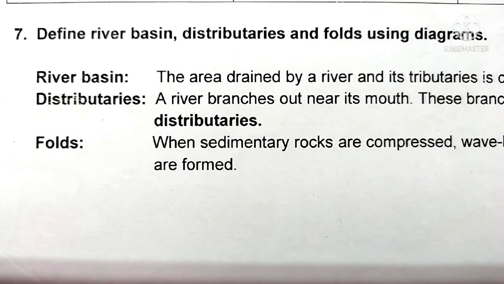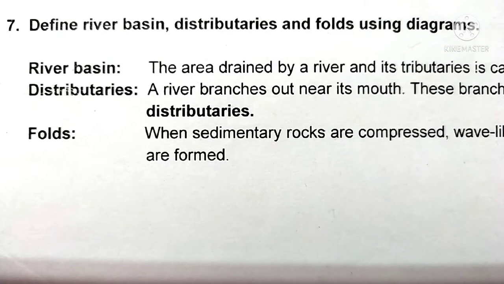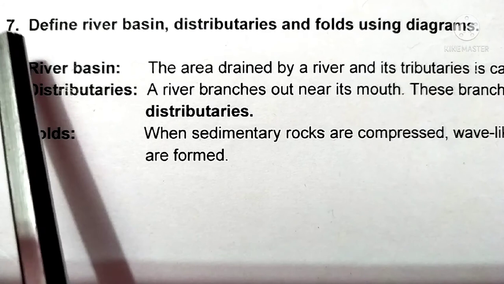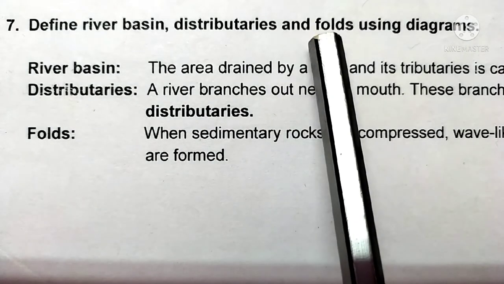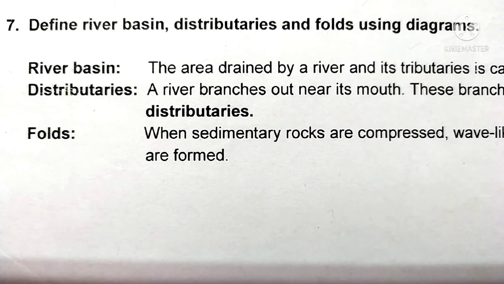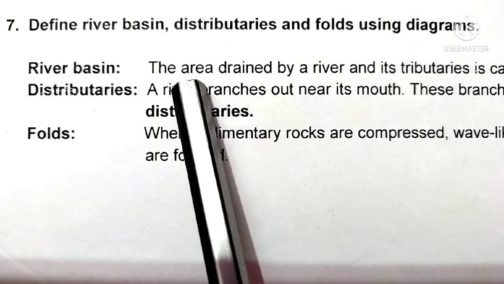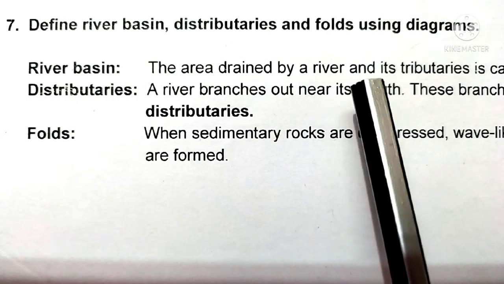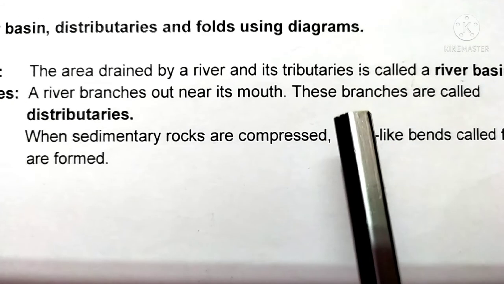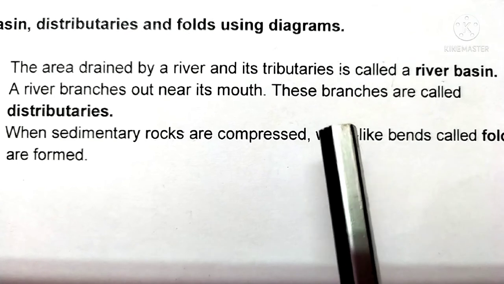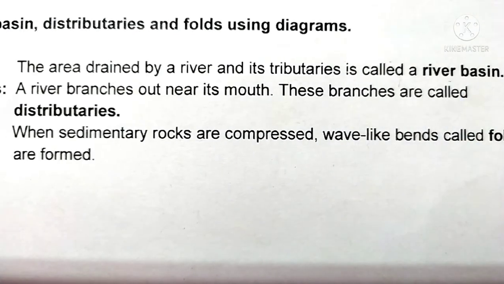Now let me read it again as the video hasn't covered the whole answer. Question number 7. Define river basin, distributaries and falls using diagrams. River basin. The area drained by a river and its distributaries is called a river basin.